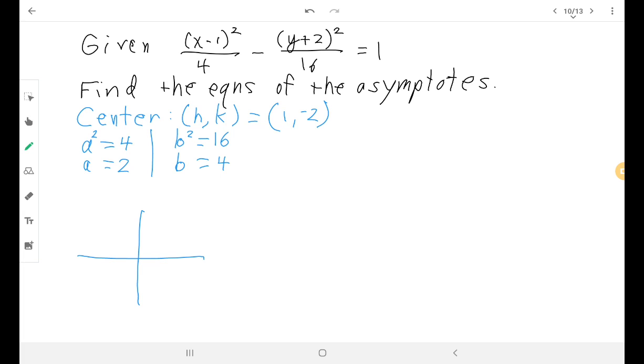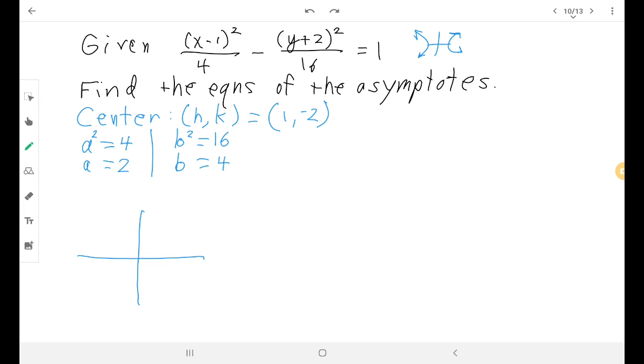First of all, because the x is first, I know it opens in the x direction, like that. So that's the first thing that I know. Second, I know these distances. So my a distance is 2. That's going to happen in the x direction. Oh, but not from the origin. Hang on.